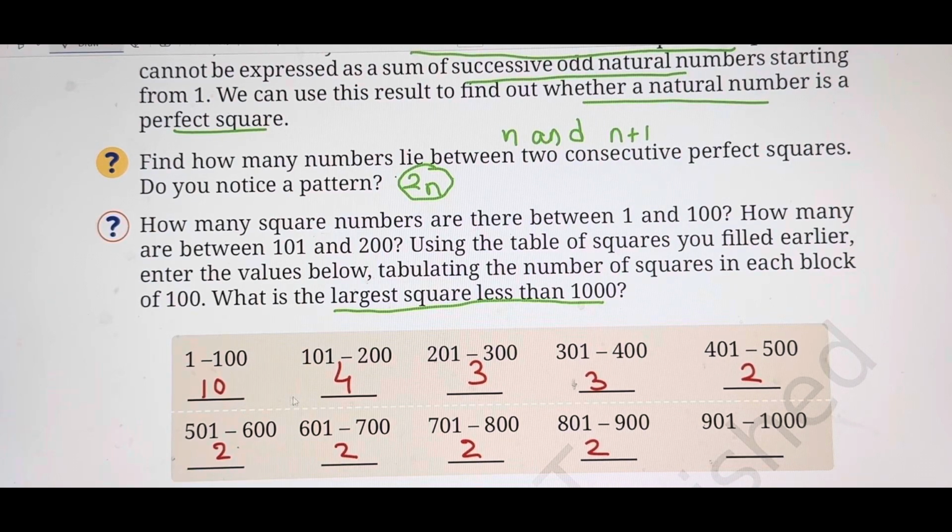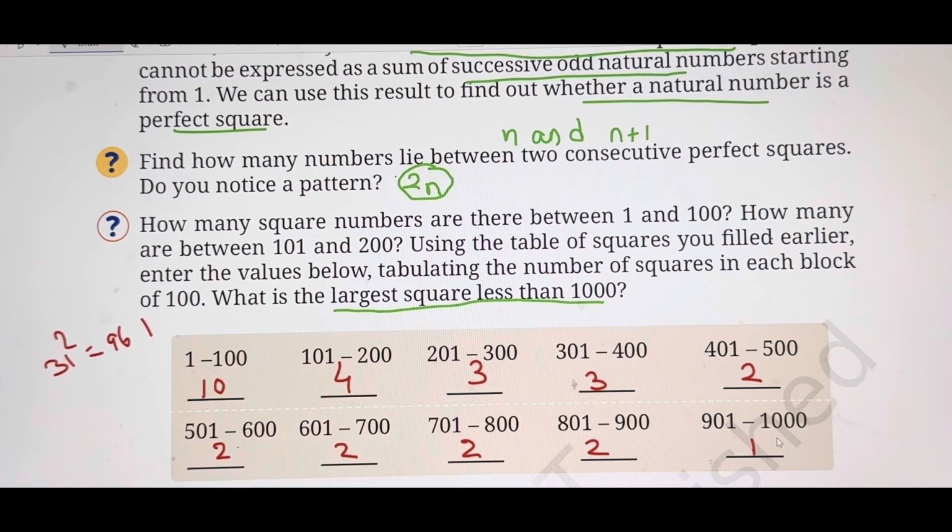You can see that the numbers are going on reducing. Between 901 to 1000 we got only one number, which was 31 square, which is 961. So see the decreasing order. In the first it is 10, then 4, then 3, 3, then 2, 2, and then it is only 1.